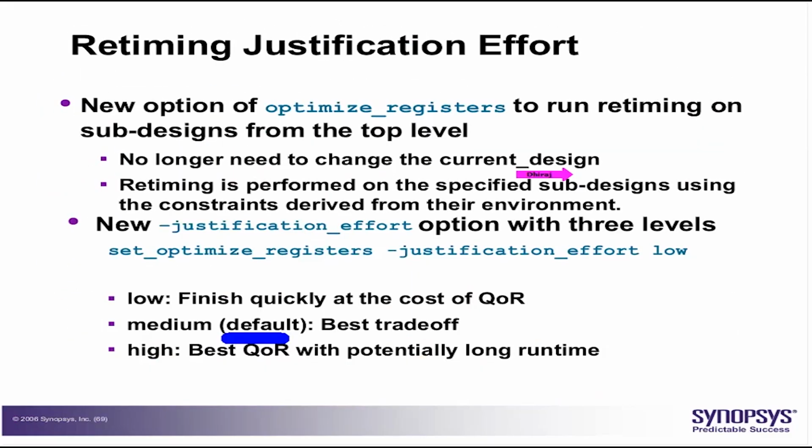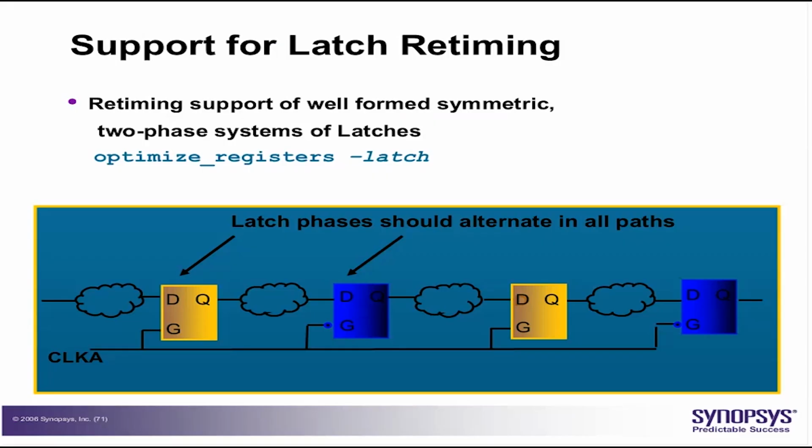In latch retiming, similar to clock retiming, time borrowing happens. The important thing is that if you are using a single clock, the latch phase should be inverted. So there are latches, and you want to borrow time from one combinational cloud to the other.